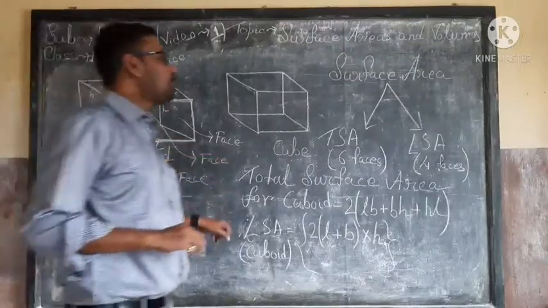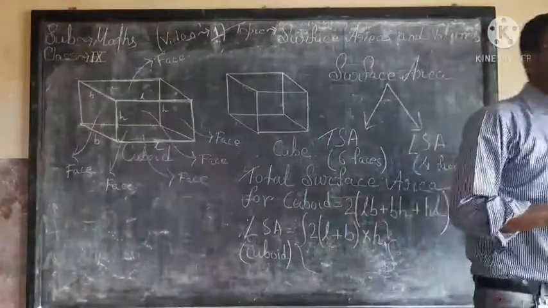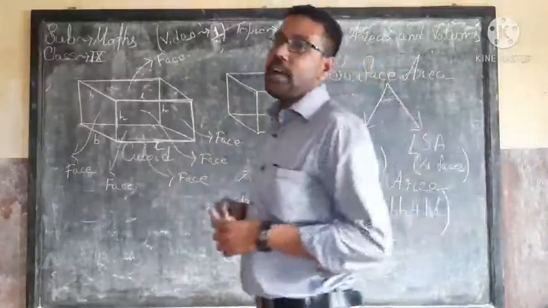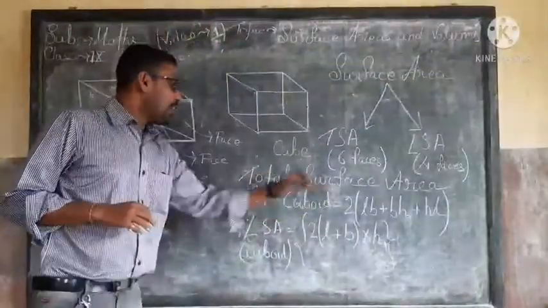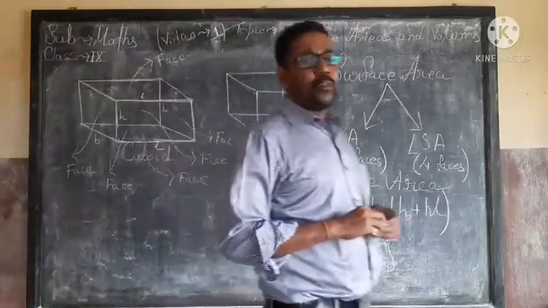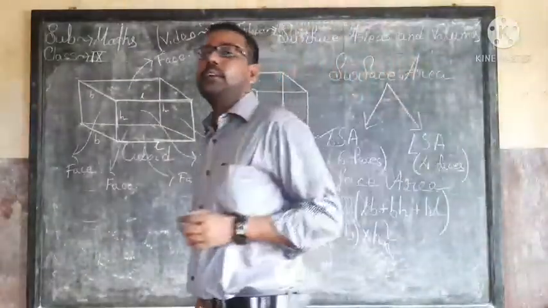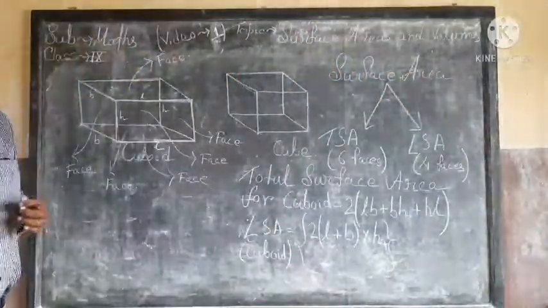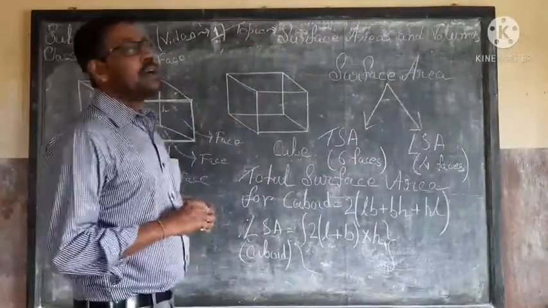So these two formulas calculate the total surface area and the lateral surface area of the cuboid. But what is the formula for the total surface area and the lateral surface area for the cube?